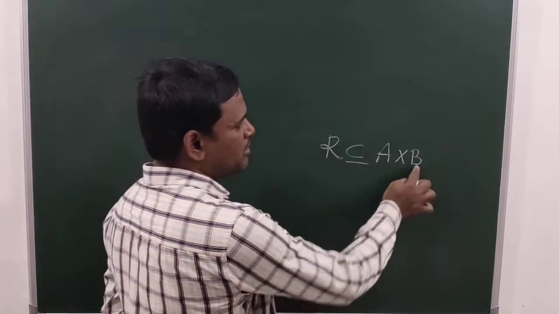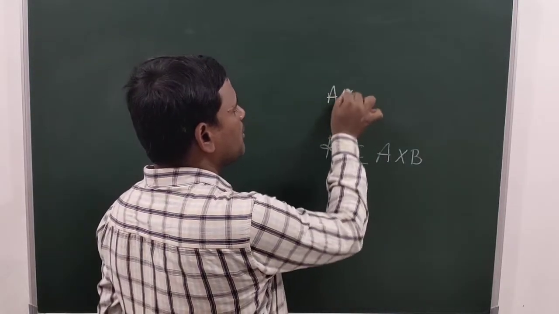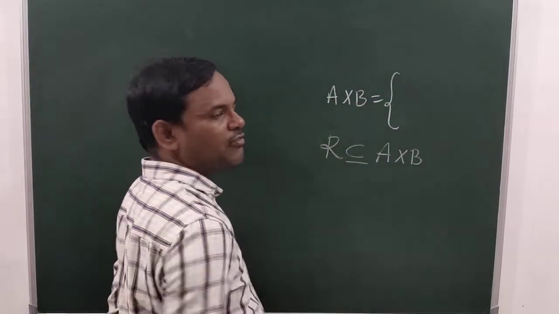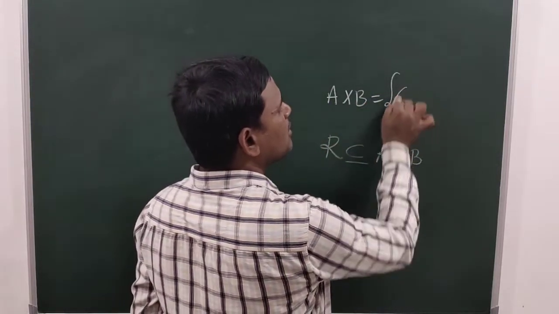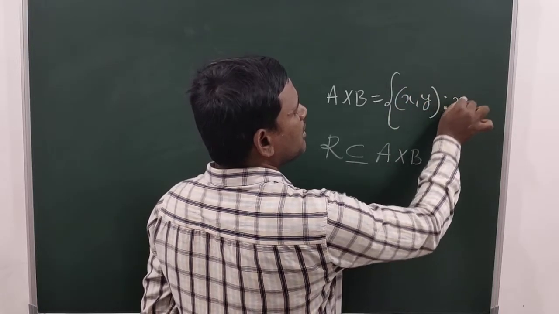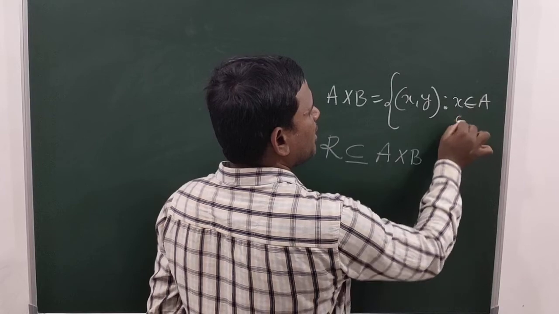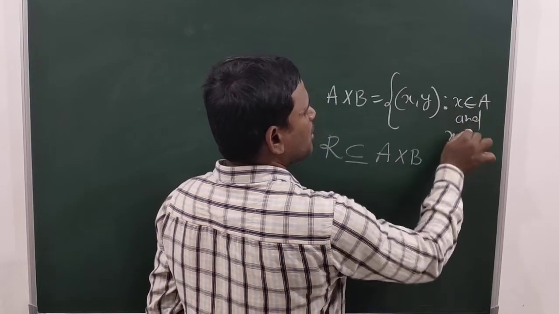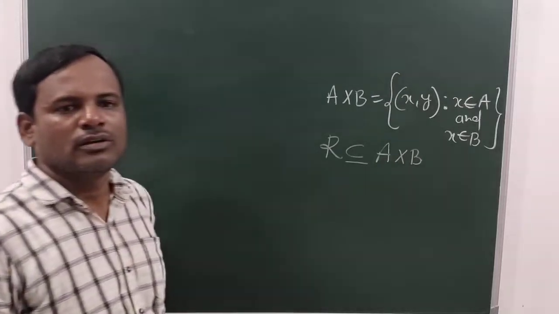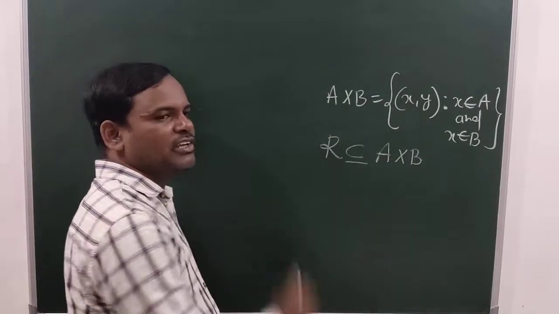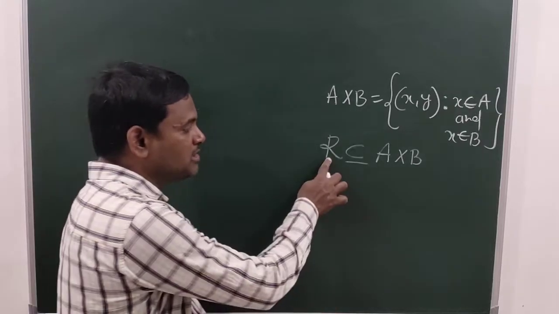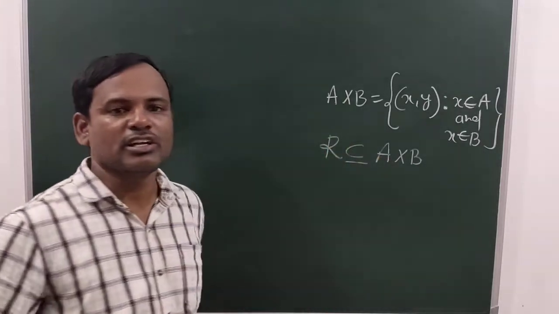We know the definition of the Cartesian product of two non-empty sets: A cross B is defined as (x, y) such that x belongs to A and y belongs to B. So this is the definition of a relation: R is a subset or equal to A cross B.